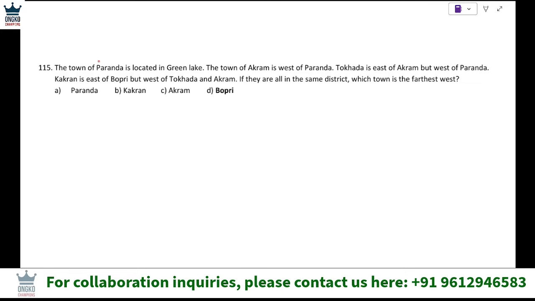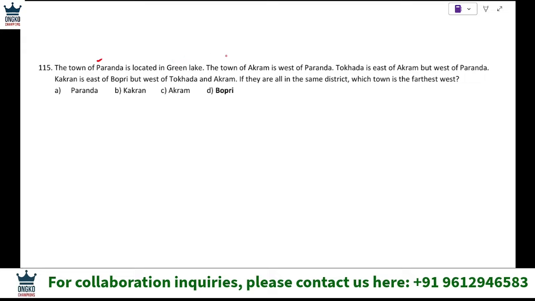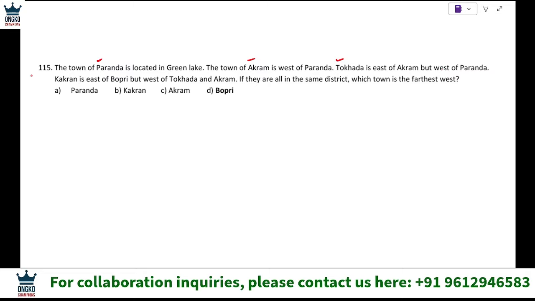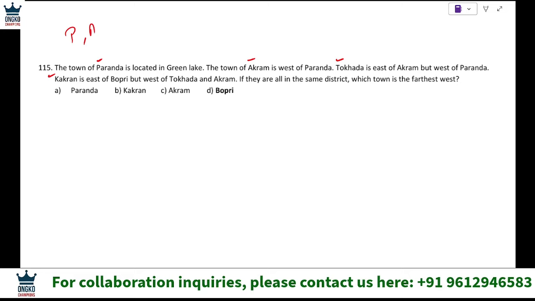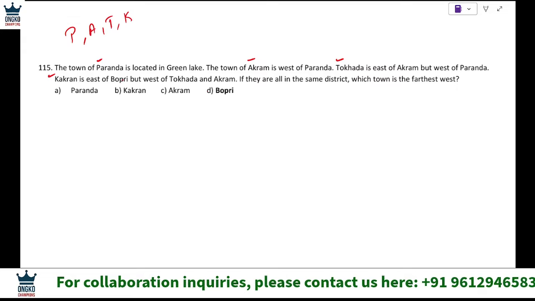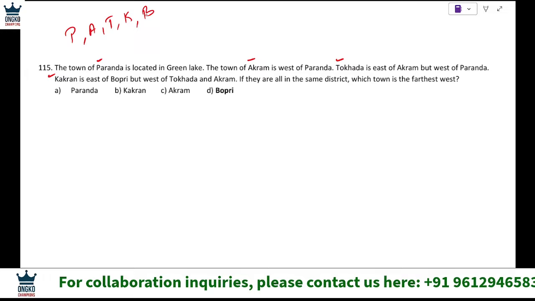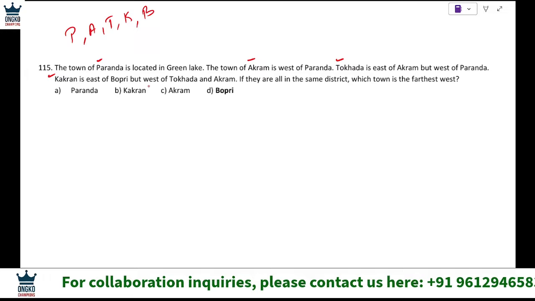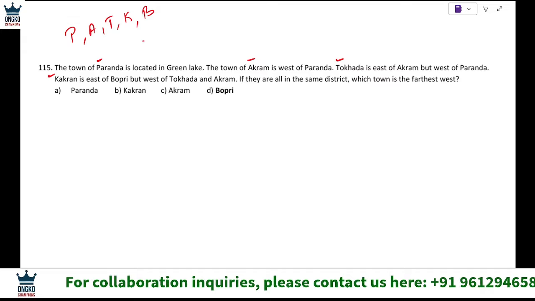So we can use the starting alphabets: B, A, D, K. We have B, we have A, we have D, and we have K. K is east of B.